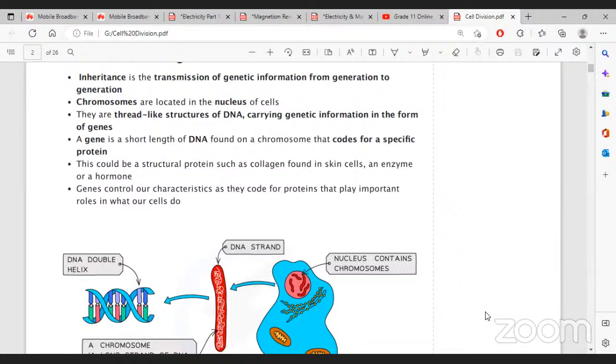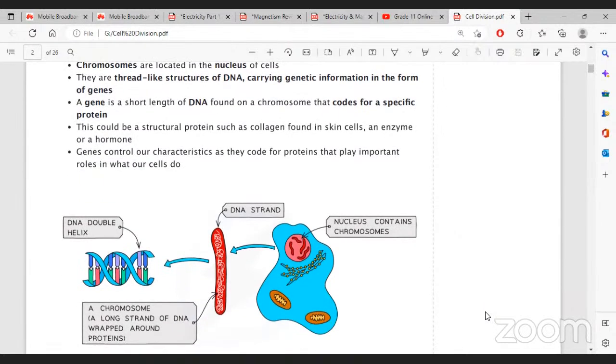I think we looked at that yesterday, that when a cell is not in a stage of division, usually the DNA will appear as thread-like structures. But as the cell starts to want to divide, eventually it condenses, right? The chromosome condenses from thread-like structure to be chromosomes like we know them. So a gene is a short length of DNA found in a chromosome that codes for a specific protein.